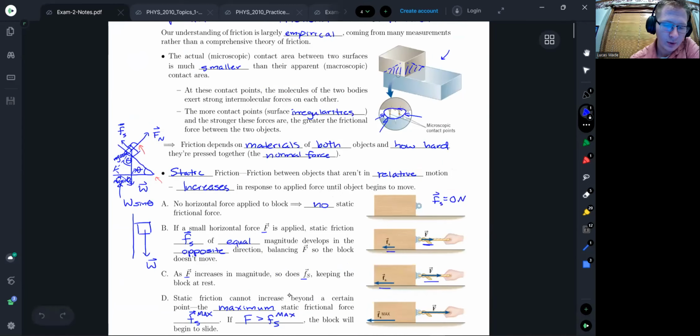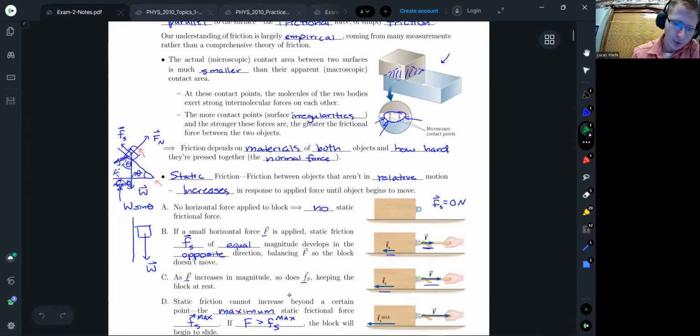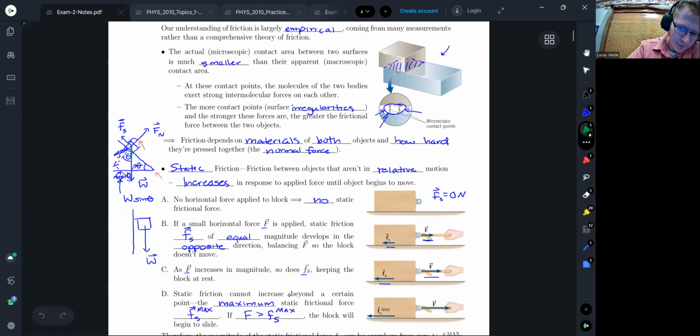The other thing I pointed out here was in problems where you've got a block or something else on a ramp, which we end up going into more detail on a little bit later in the review. It's important to remember that the weight of the object always acts straight down. So I'll draw over this ring.